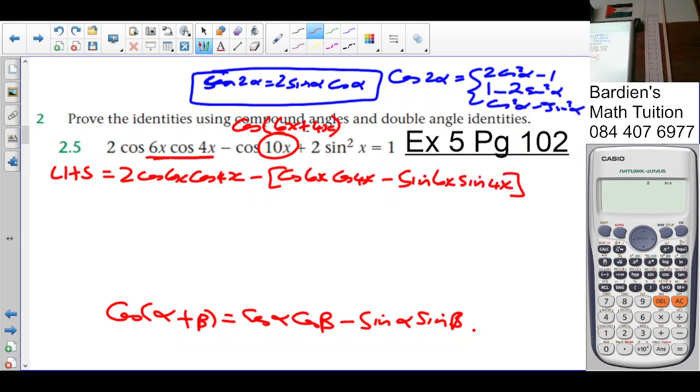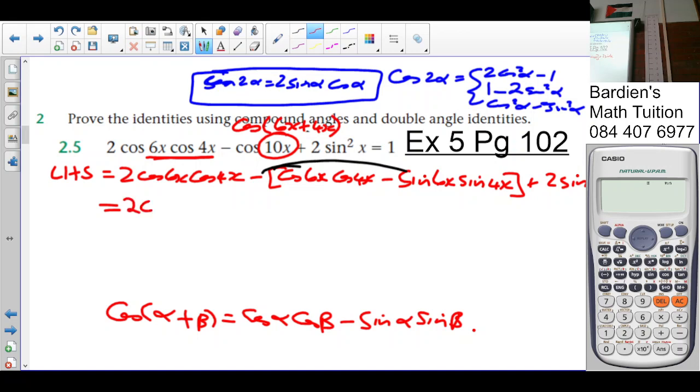Okay? Plus 2 sine squared x. We'll come back to that. We won't change that unless we need to change it. So you're going to multiply and get rid of this bracket here.